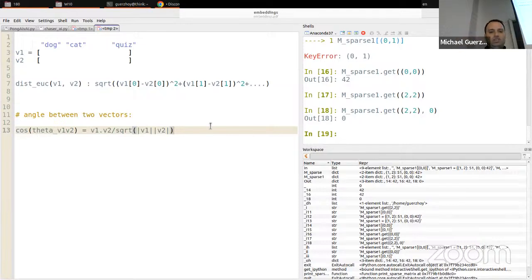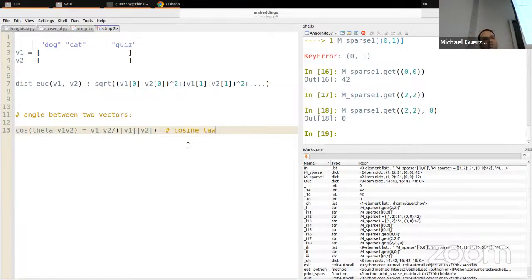So the square root is if it's squared. That's called the cosine law, and that's true in 2 dimensions, but it's also true in any dimension.